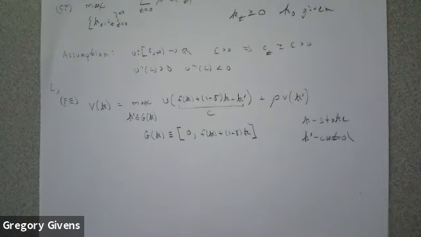Now, what is the key assumption that needs to be satisfied in order for all of those theorems, particularly theorems 1 and 2, to follow from our dynamic programming discussion?